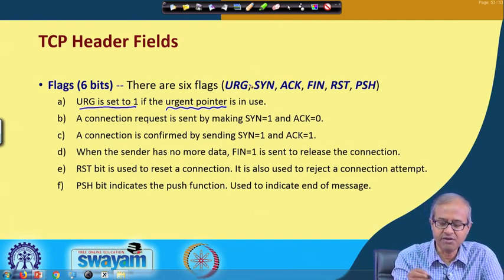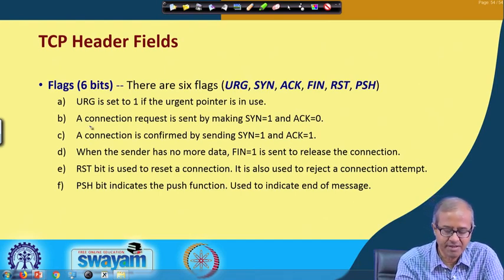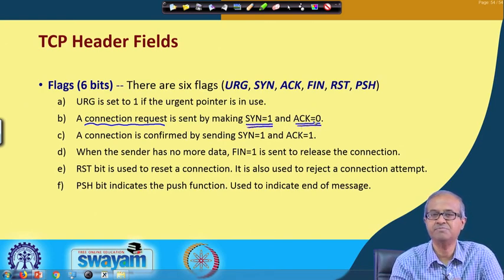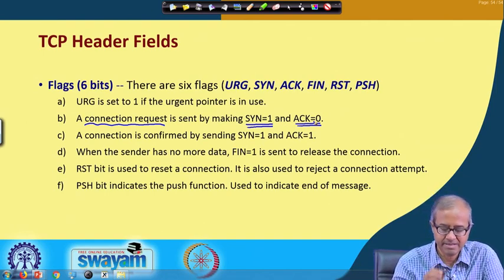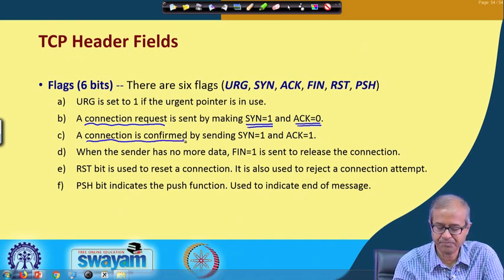In TCP, whenever you are doing a connection establishment, you are requesting a connection, then you set this SYN flag to 1 and ACK flag to 0. This combination means connection request. Similarly, connection confirmation, I will show the details later.